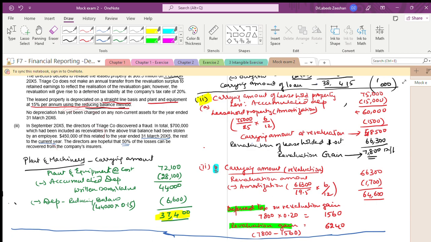The total fraud is 700,000, and 450,000 relates to the prior year, so we will adjust it in the retained earnings.